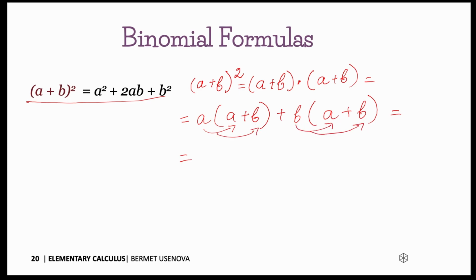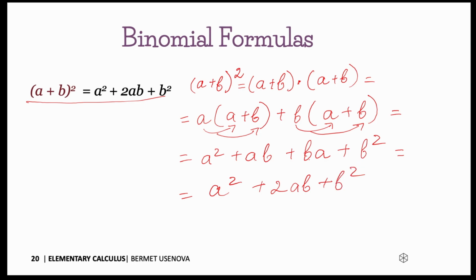And then we will get a² + ab + ba + b². And because of commutativity, ab and ba are the same. So we can rewrite it as a² + 2ab + b².